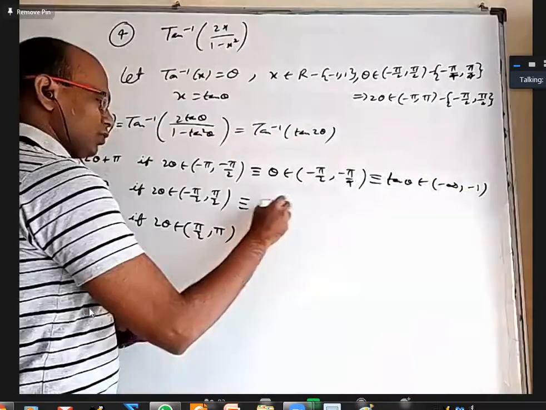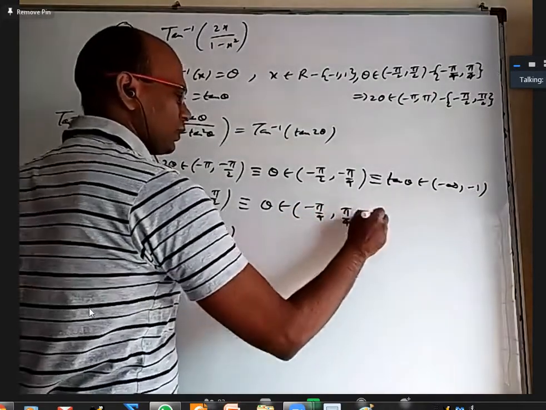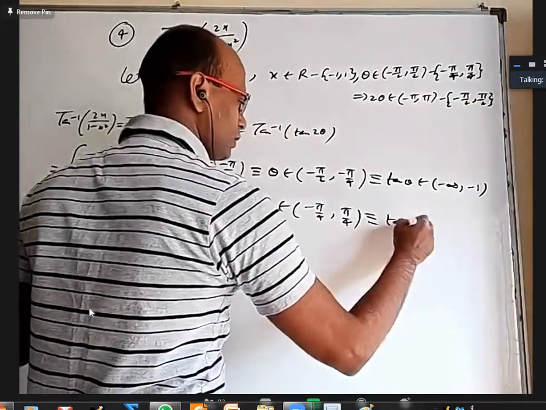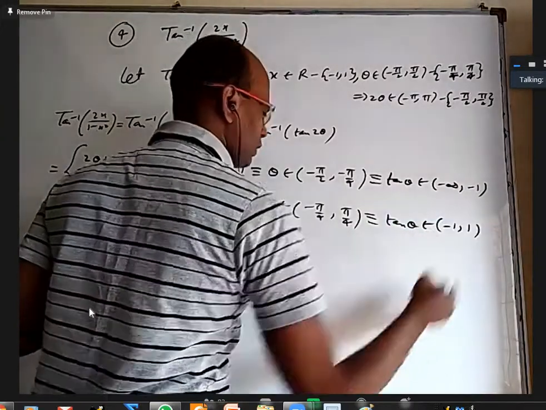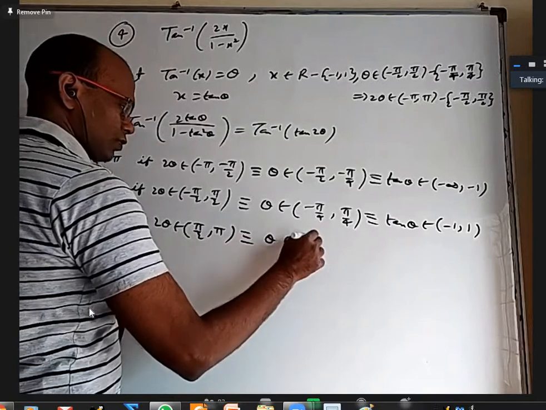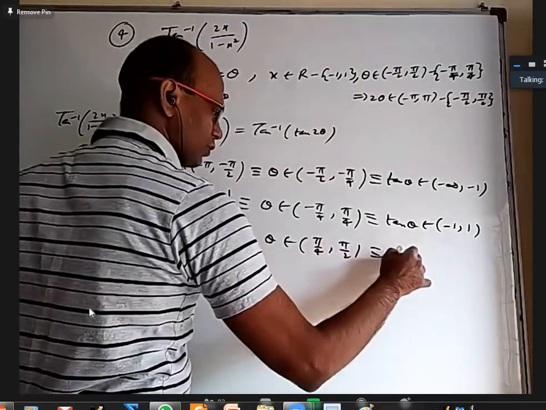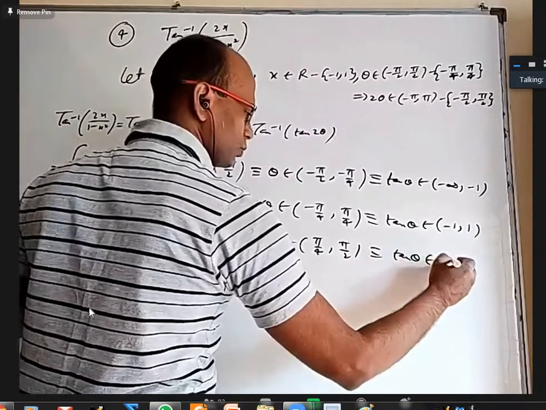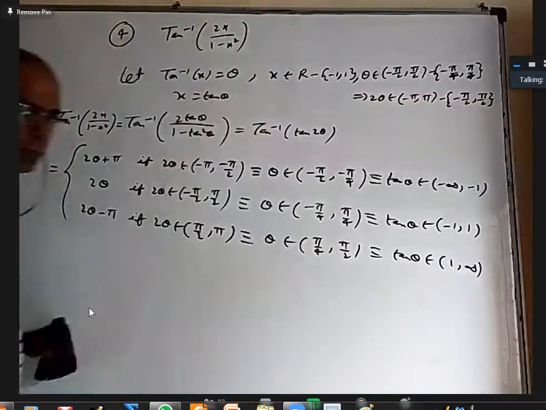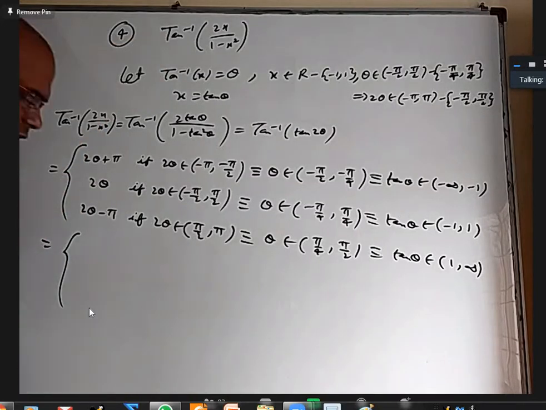This is equivalent to theta belongs to minus pi by 4 to pi by 4, which is equivalent to tan theta belongs to minus 1 to 1. This is theta belongs to pi by 4 to pi by 2, which is equivalent to tan theta belongs to 1 to infinity.